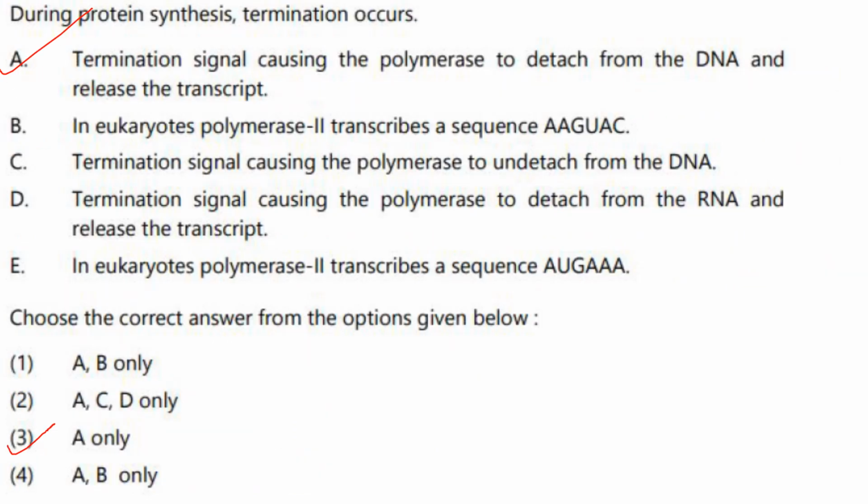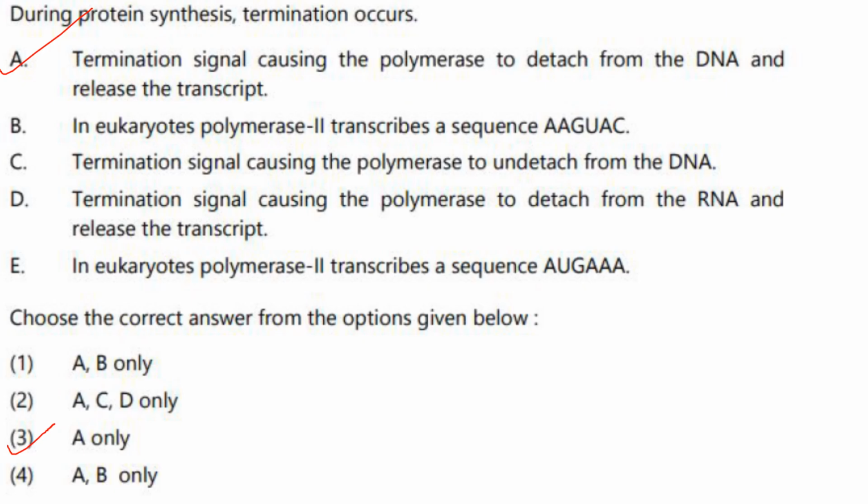Then next one. During protein synthesis, termination occurs. A terminating signal causes the polymerase to detach from the DNA and release the transcript. That is correct. In eukaryotes, polymerase 2 transcribes a sequence AAGUAC.